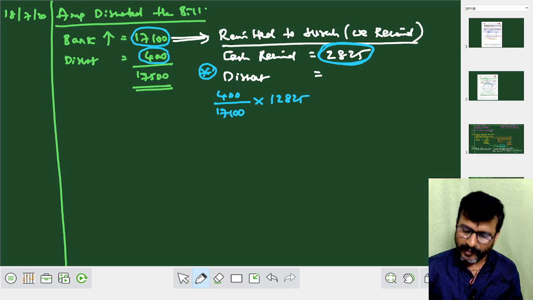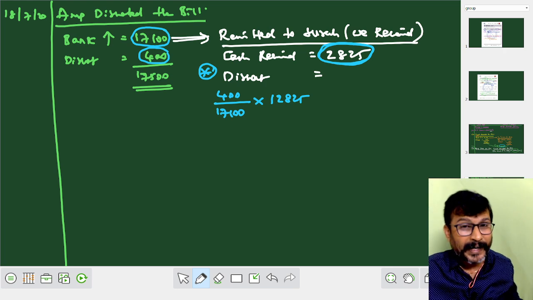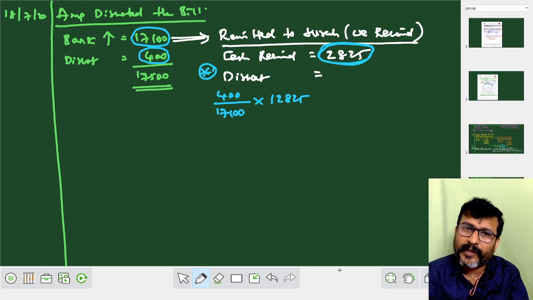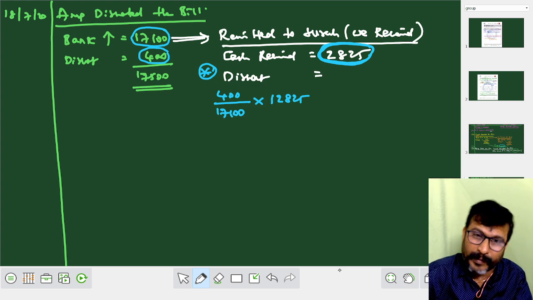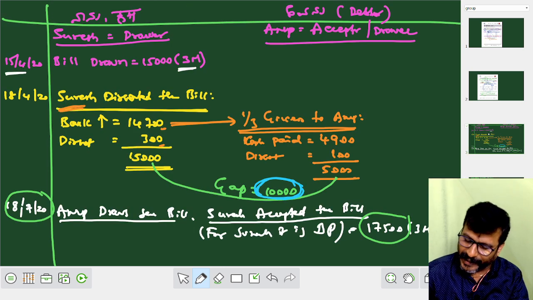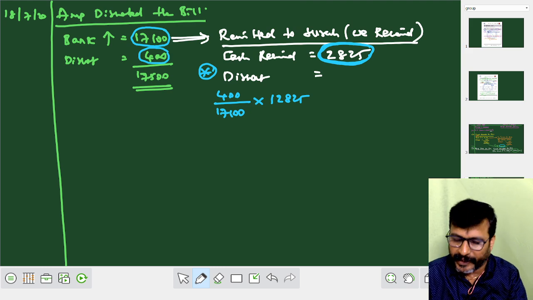Use a calculator: 400 by 17,100 into 12,825. Again I am telling you, my dear student, how to take this 12,825. Whatever amount received by Suresh, means me, from Anup, plus the gap that we found in the earlier transaction. The adding of these two numbers is 12,825.